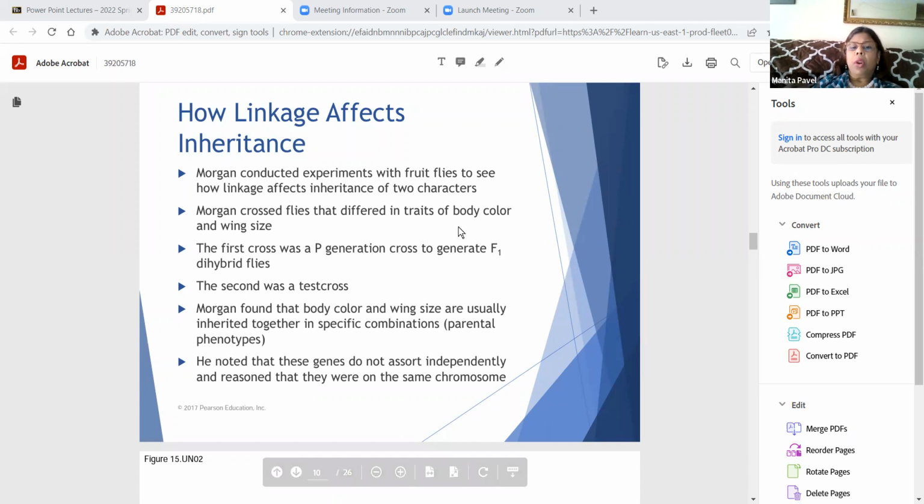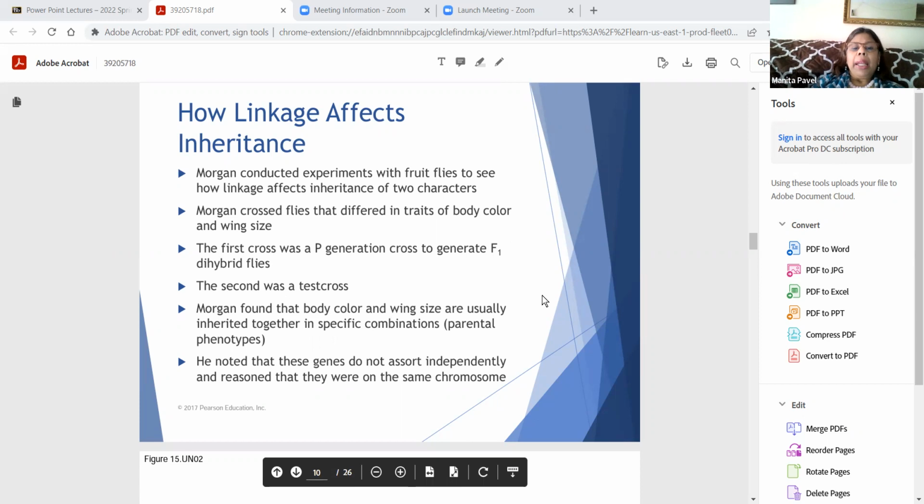The first cross was a P generation cross to generate F1. So he carried out a cross where he was wanting to see 2 traits. He looked at the body color and he looked at wing size. And the second was a test cross that he carried out.